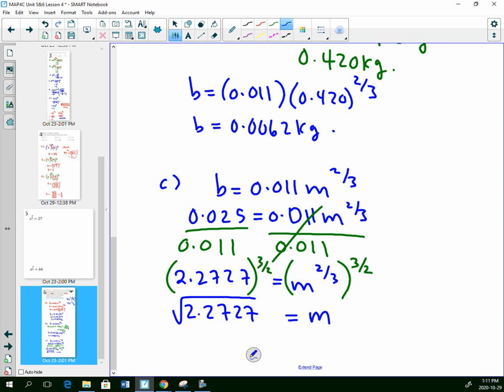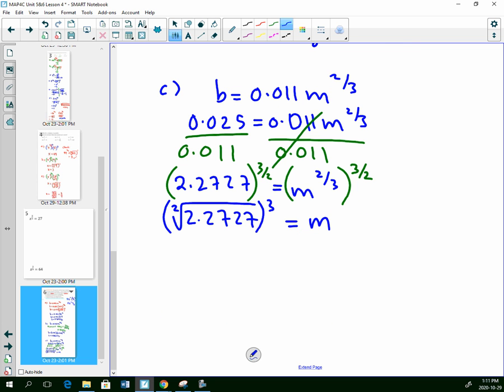The number on the bottom is 2, so it's going to be a square root, and then I'm going to go to the power 3. And we get an answer of 3.43 kilograms.